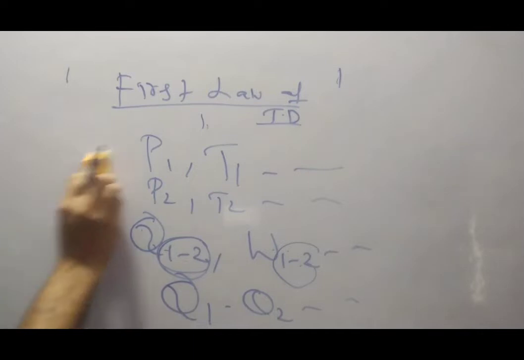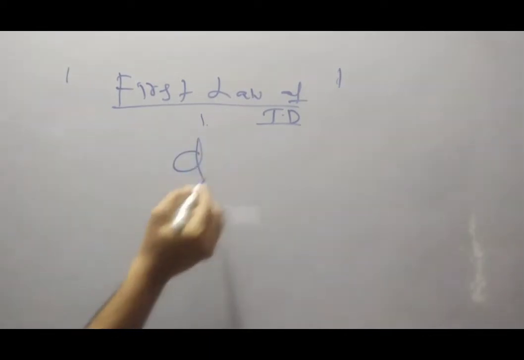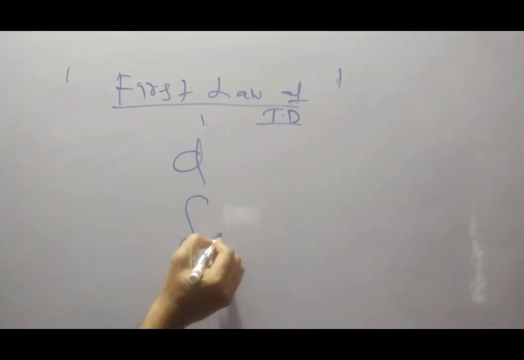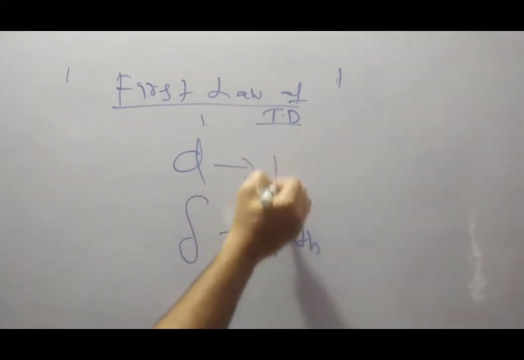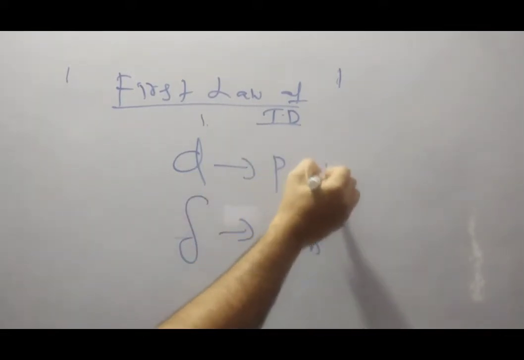So in physics, for point functions, we will use the notation d. For path functions, we'll use this notation delta. This is the path function notation, this is the point function notation, right?